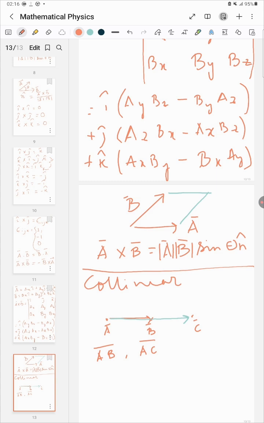They both are parallel vectors. So the angle between any pair of parallel vectors is 0. They point in the same direction. So for collinear vectors, AB cross AC should be equal to 0.